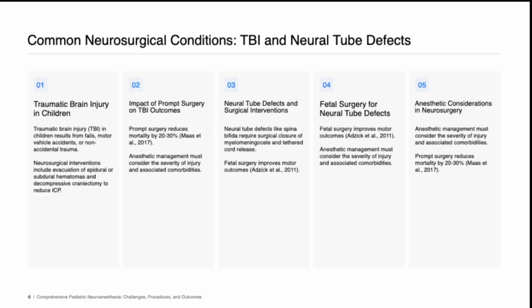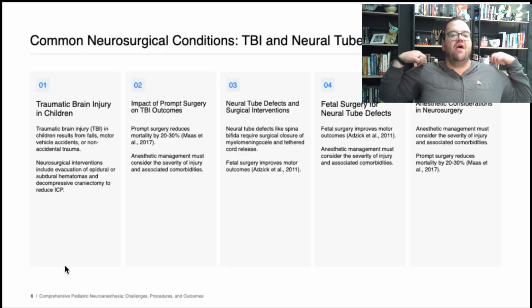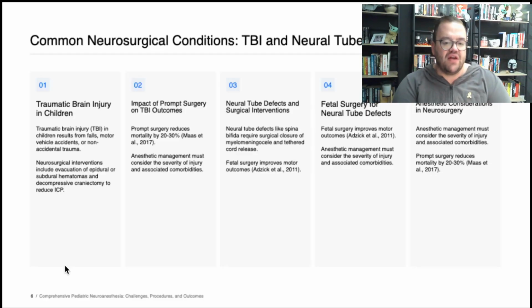If we then look at other common neurosurgical conditions, just to mention a few, traumatic brain injuries, unfortunately, TBI in children is a huge issue, especially where I live and work in South Africa. We have high rates of pedestrian vehicle accidents, motor vehicle accidents, gender-based violence, abuse of women and children, drugs, alcohol, gang violence, you name it.